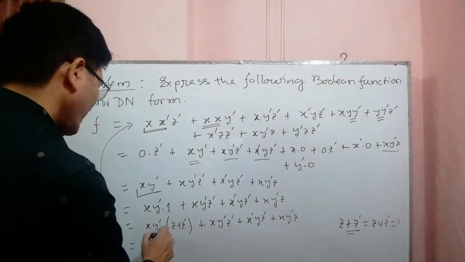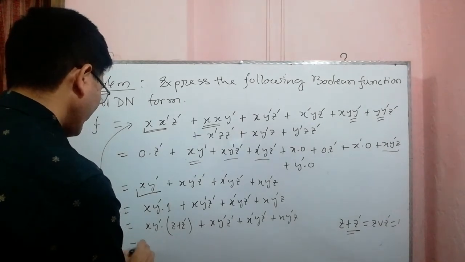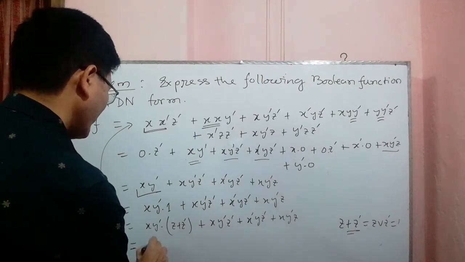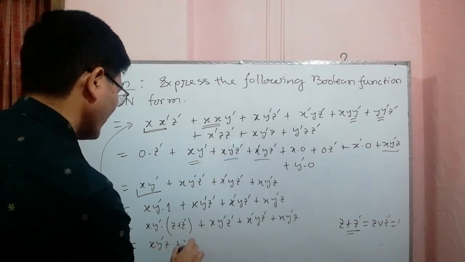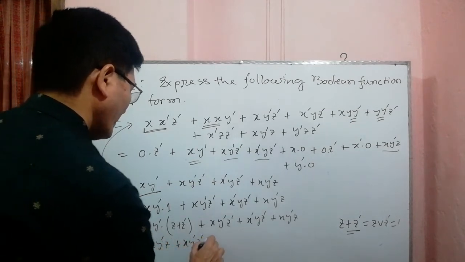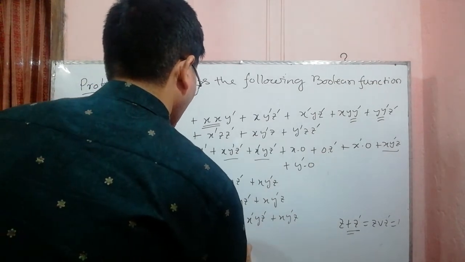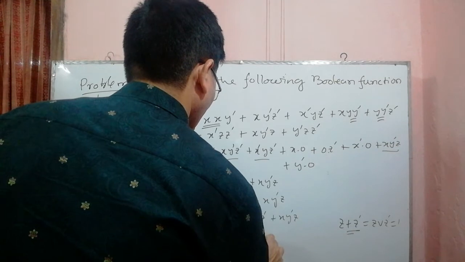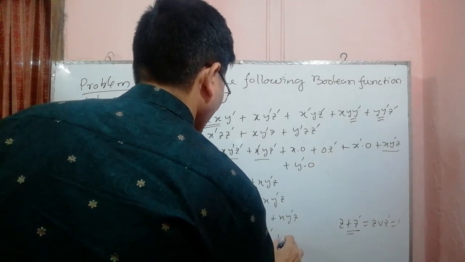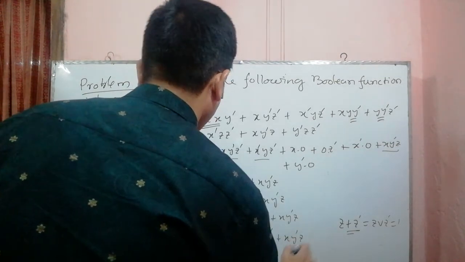So distribute the outside term: x y prime and z plus x y prime and z prime, plus x y prime and z prime, plus x prime y and z prime plus x y prime and z.